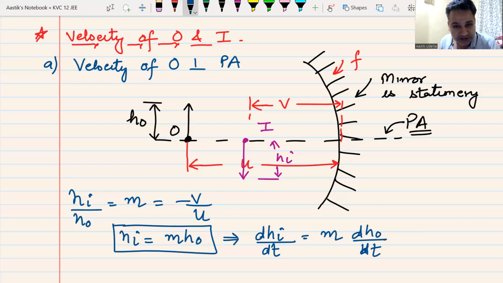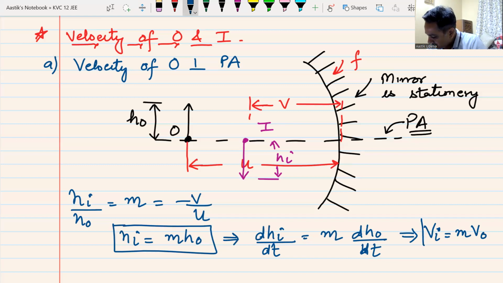Yes. I have just differentiated both sides. Do we understand this? But that gives me the relation: velocity of the image will be M times velocity of the object, where M stands for what, my dear friends?